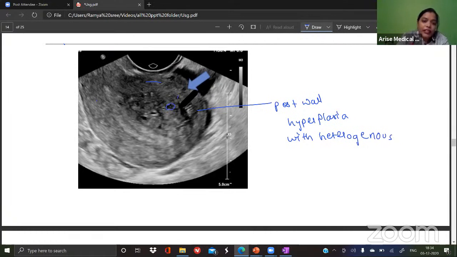Can you see there are multiple cysts inside the myometrium? Indeed, this is called salt and pepper appearance. These multiple cysts in the myometrium are called salt and pepper appearance, or we also call it Venetian blind appearance. Okay.